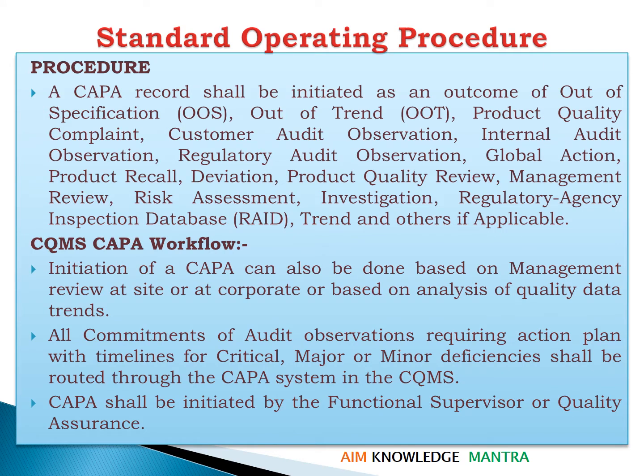A CAPA record shall be initiated as an outcome of out-of-specification, OOS, out-of-trend, OOT, product quality complaint, customer audit observation, internal audit observation, regulatory audit observation, global action, product recall, deviation, product quality review, management review, risk assessment, investigation, regulatory agency inspection database, RAID, trend and others if applicable.